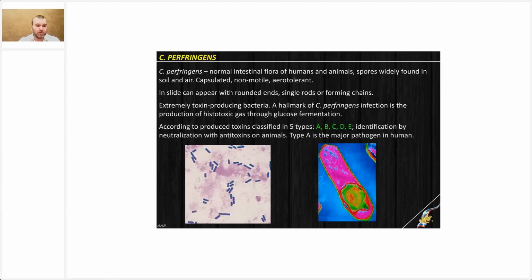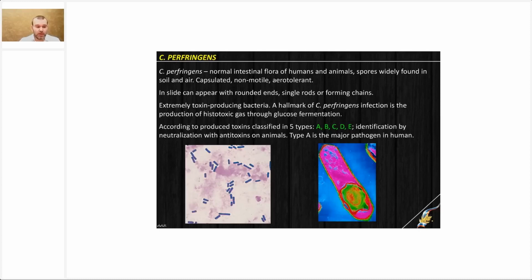So Clostridium perfringens is capsulated, non-motile, and can survive even in the presence of oxygen, an aerotolerant bacteria. In the slides, it is a single rod-shaped bacteria that can form some short chains. As you can see in the left picture, the bacteria is quite large in size, has rounded ends, and is easily identified by the gram-positive result of that staining technique.